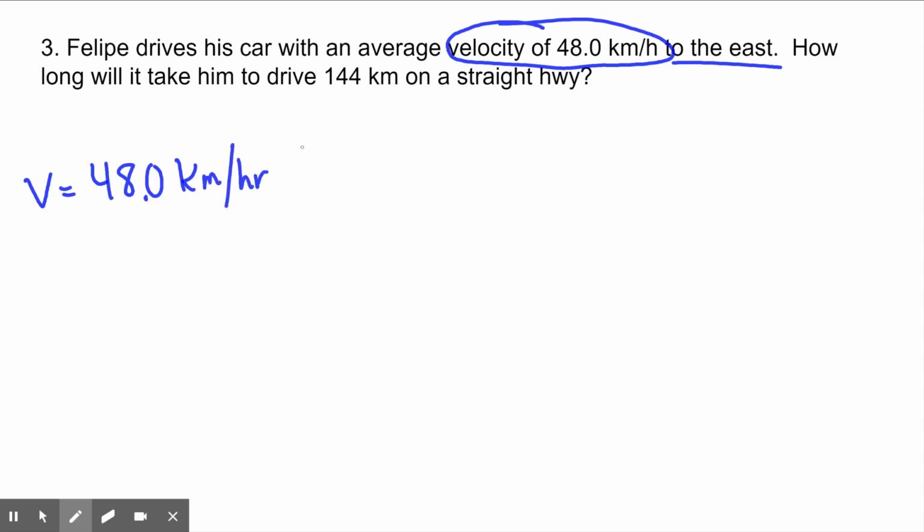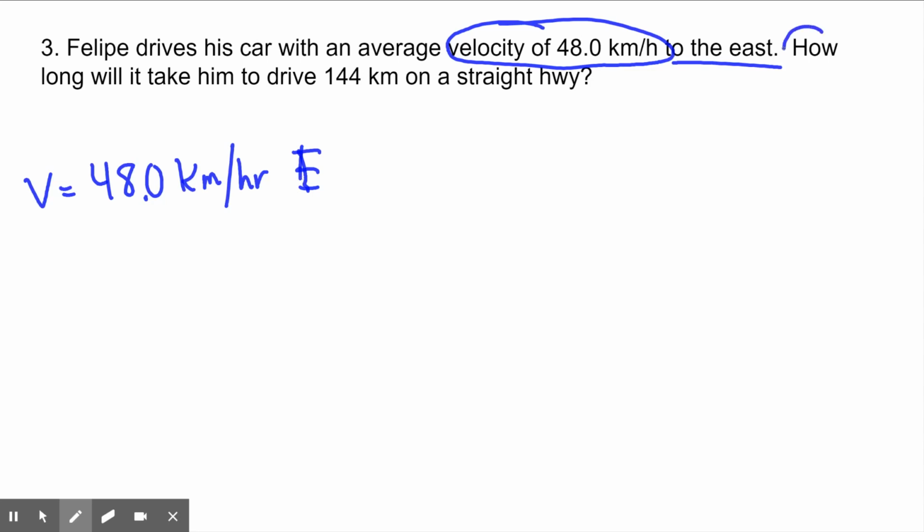Now, do we need to convert this to meters per second? No. While meters per second is the preferred method or the base unit, kilometers per hour is perfectly acceptable. So we don't need to convert this.